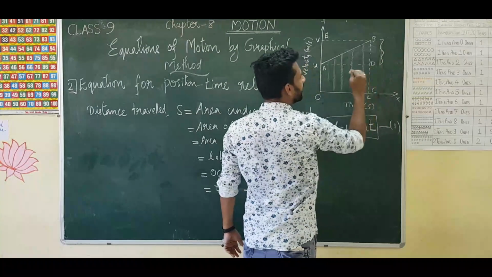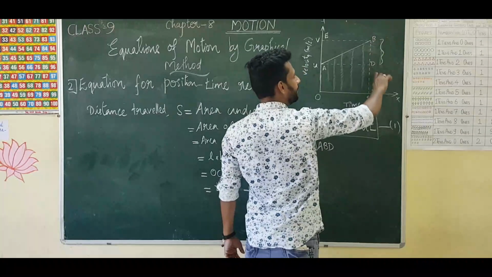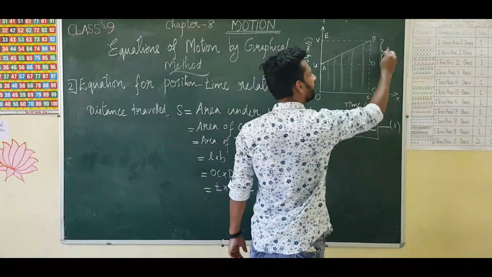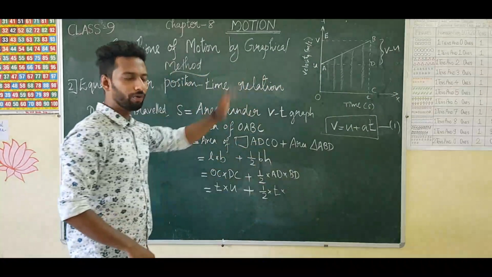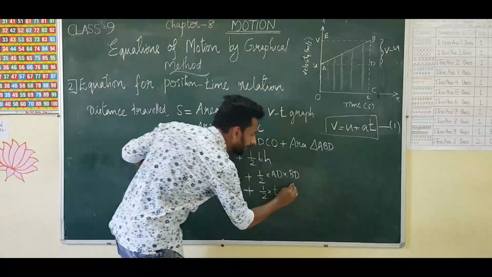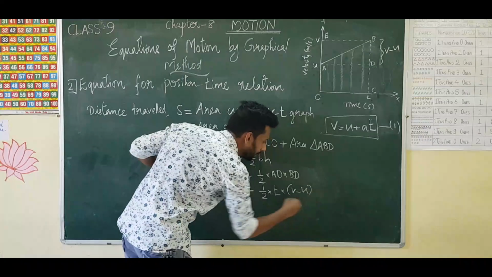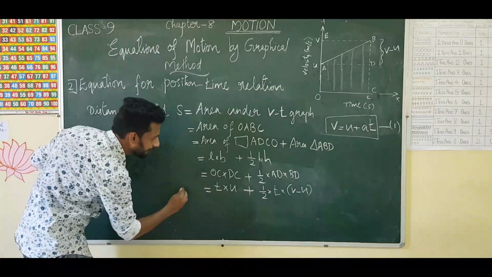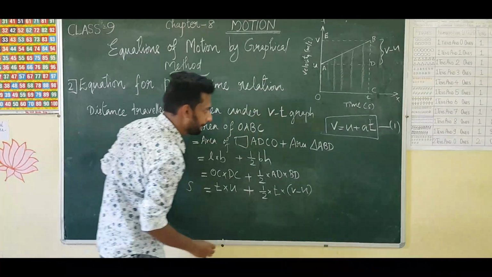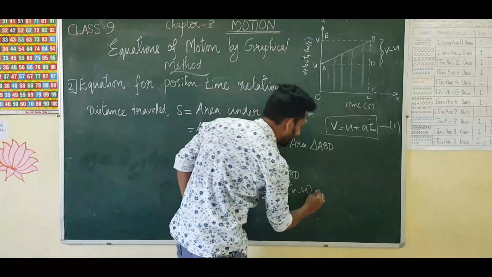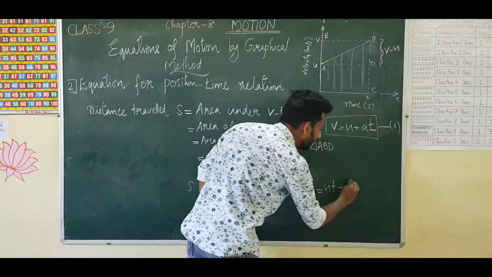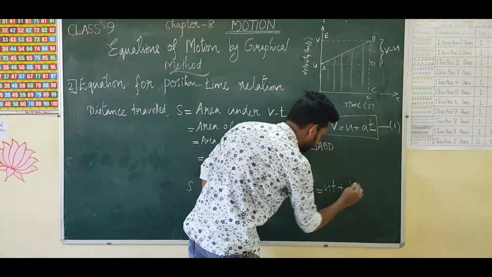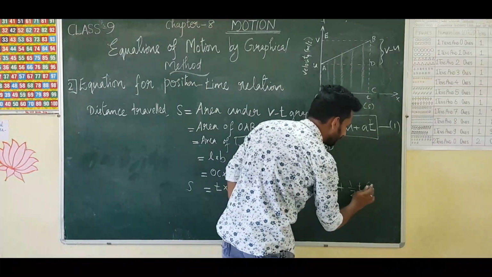BD means BC minus DC. We have already found for the first one, V minus U. If you want, you can draw that in the figure itself. Then you can represent V minus U. I'm just replacing these equations. S equal to UT plus half into T into V minus U.